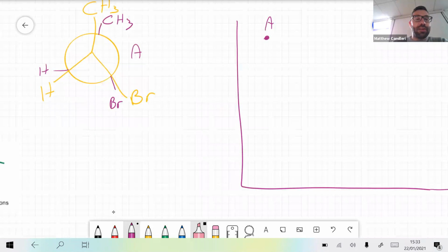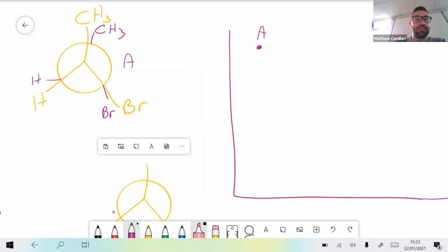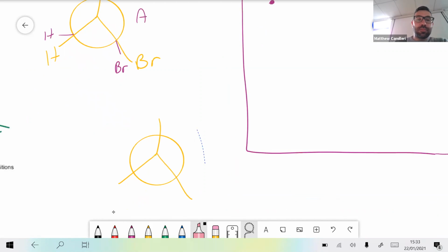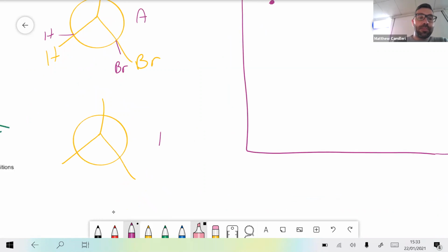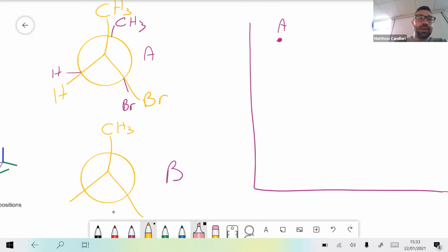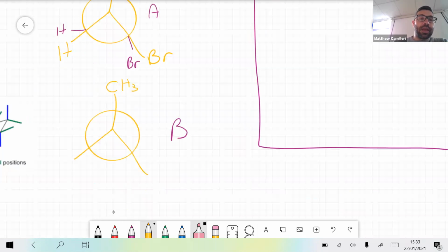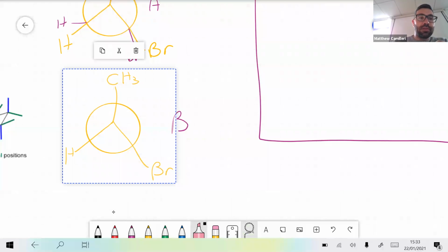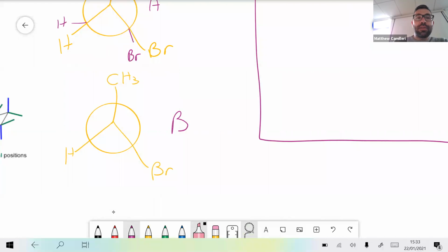If I rotate by 60 degrees, I will get to B. I will make sure that CH3, Br, and hydrogen remain the same. So in fact, I could have copied all that. Now we have a CH3, Br, and hydrogen.